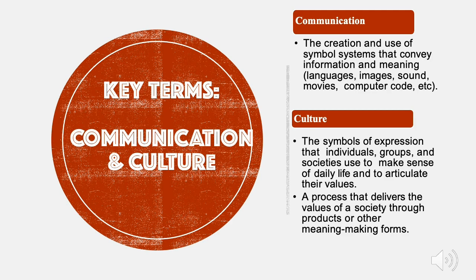Culture is a process that delivers those values from a society through meaning-making forms. Communication helps us express culture and also delineate difference. We speak the same languages, whether that's, again, actual spoken languages or knowing the right emojis for a Reddit group. That's a form of communication that defines that specific culture. Cultures can be very small and they can be very large groups as well. They can be nations. They can also be niche groups.